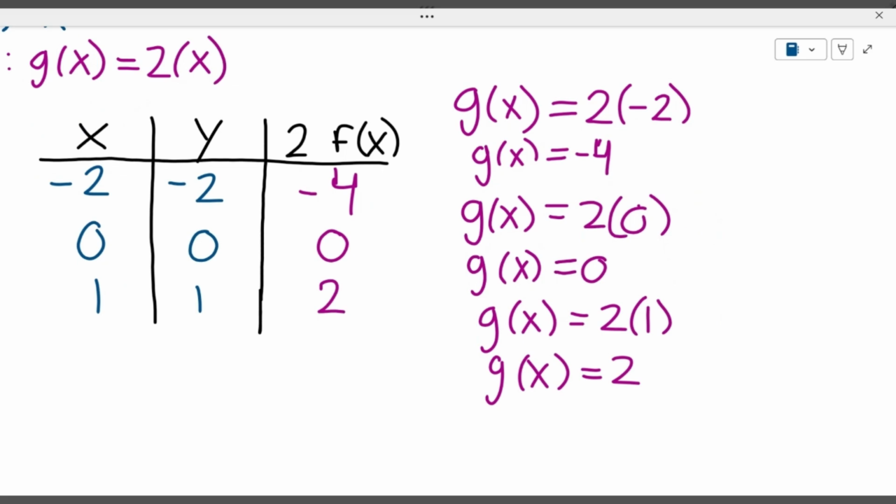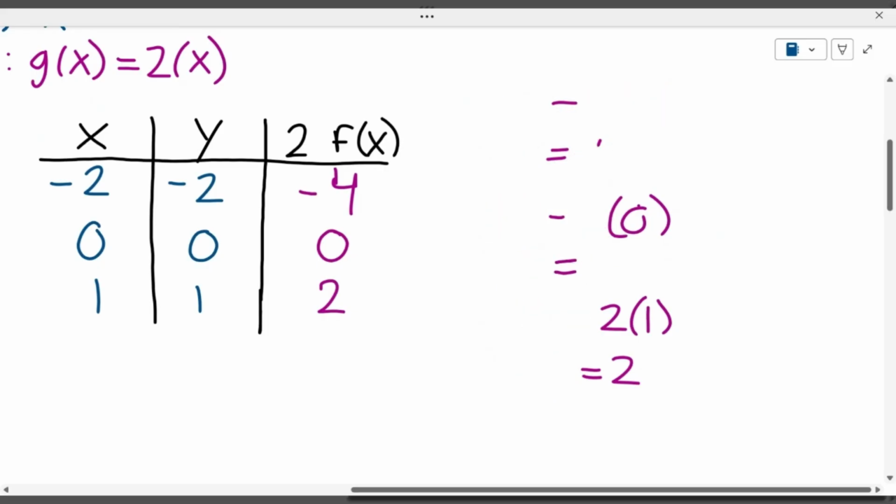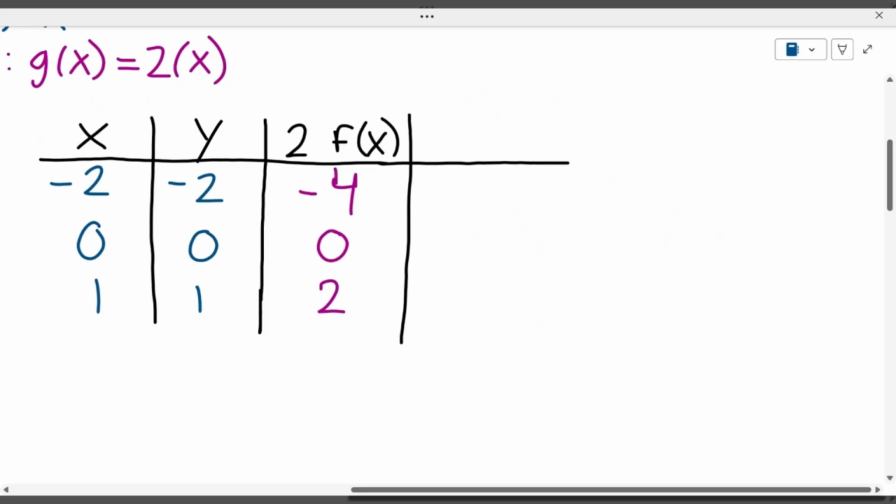Now, if we wanted to find our new coordinate points for the new function g of x, all we have to do is take our original x coordinates and pair them up with our new y coordinates. And that would look like this: x and g of x.